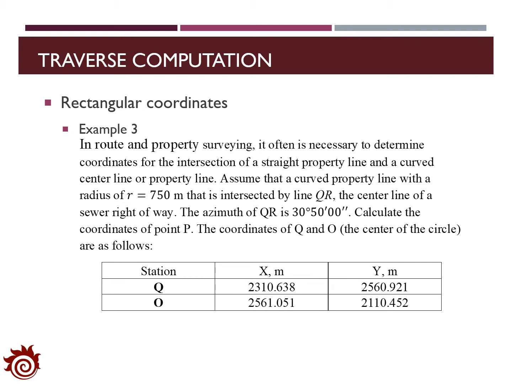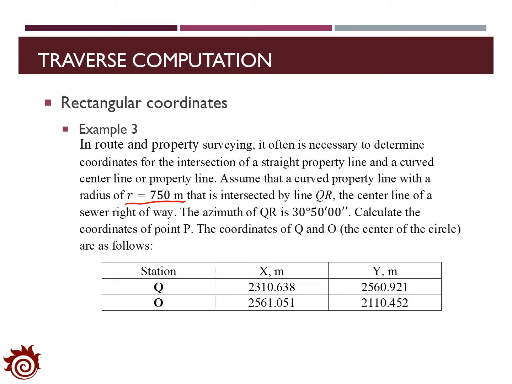In this example, we are considering the route and the property survey. Usually, it's necessary to determine the coordinates for the intersection of the straight property line and the curved center line or the property line in the route and the property survey. In this example, we assume that the curved property line with the radius of r equal to 750 meters is intersected by the line QR, which is the center line of the serial right-of-way.